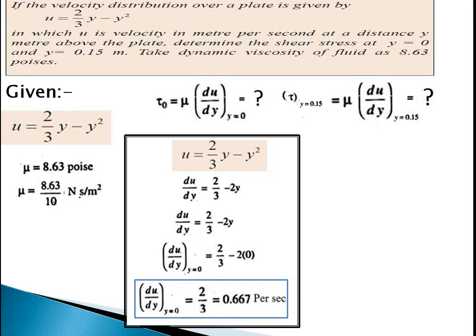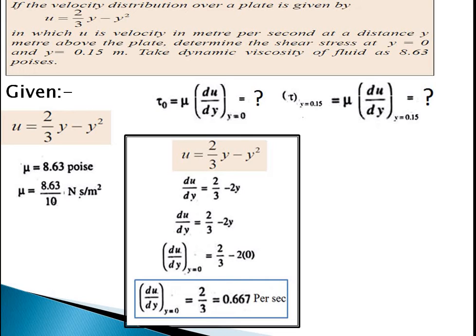Here the equation is u is equals to 2 by 3 y minus y square. As we discussed previously, we have to take a derivative of it with respect to y. So derivative of u with respect to y is du by dy is equals to 2 by 3, derivative of y with respect to dy is equals to 1, and derivative of y square with respect to dy is 2y.